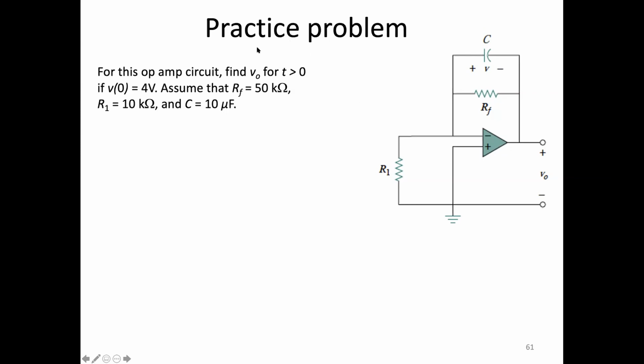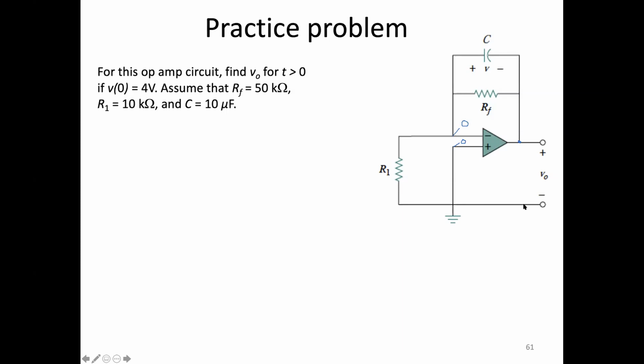So notice that this is 0 volts, which means that this is 0 volts. So V naught is the voltage between this node and ground.